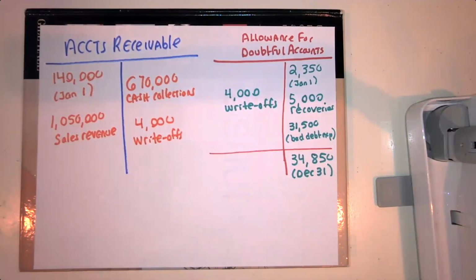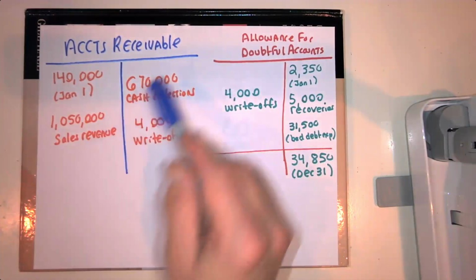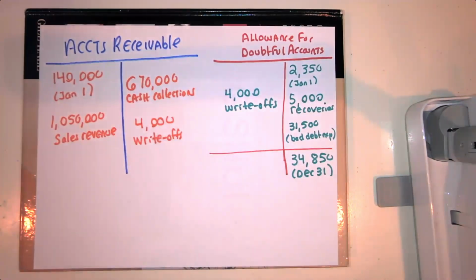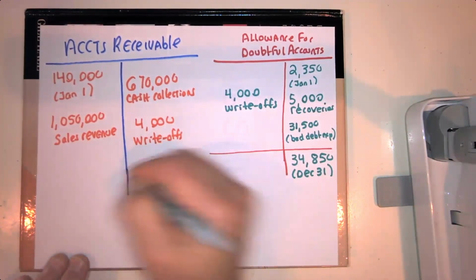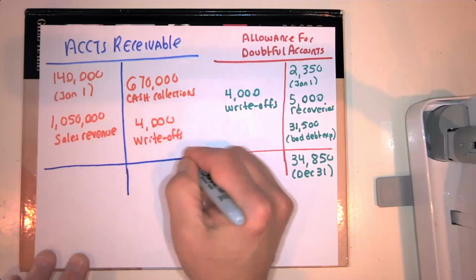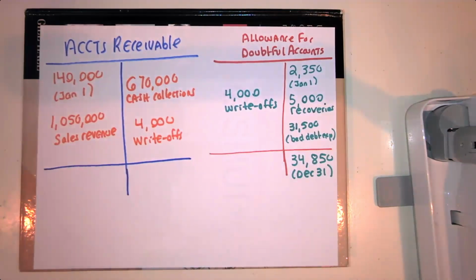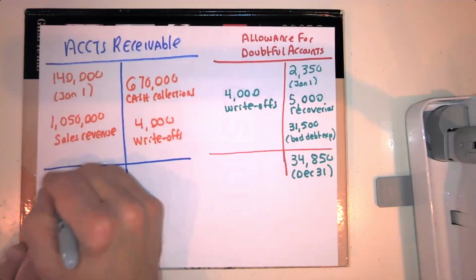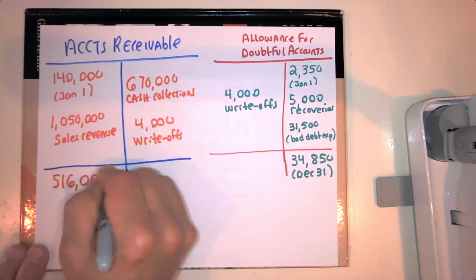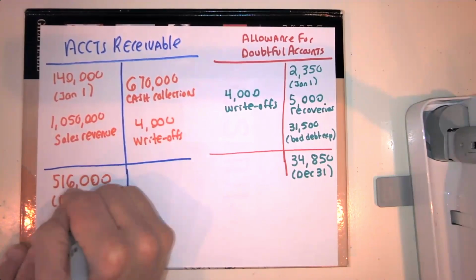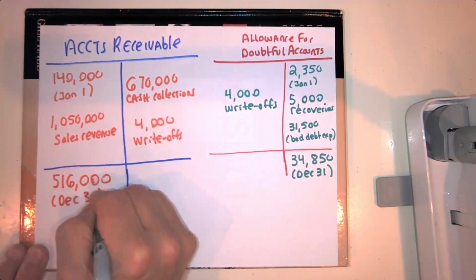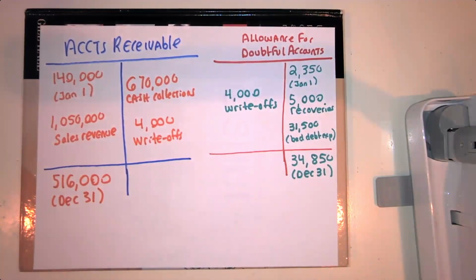So we work the T account, right? We add the increases, subtract the decreases. And we can figure out that the balance in the accounts receivable at December 31, $516,000.